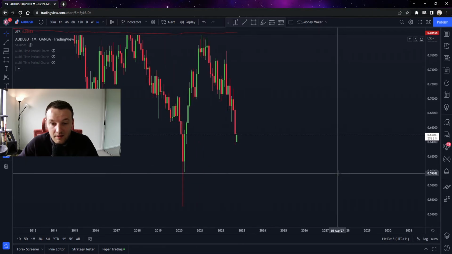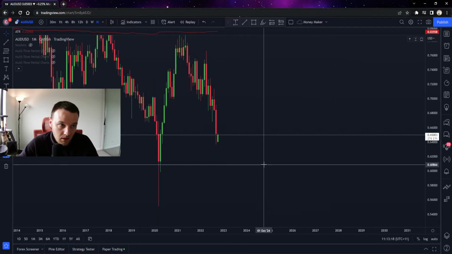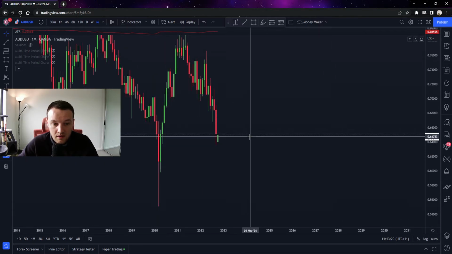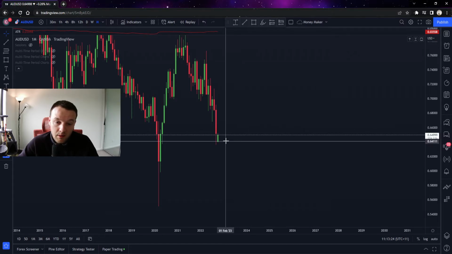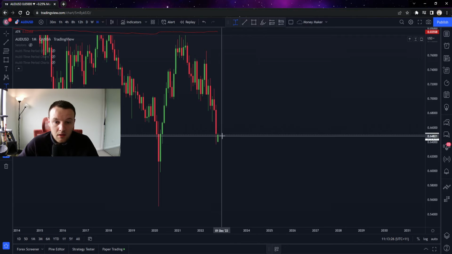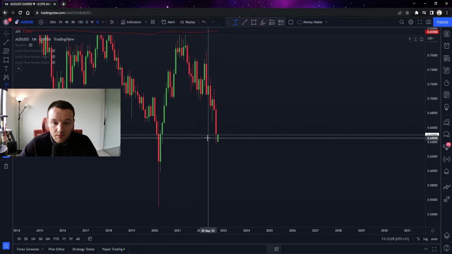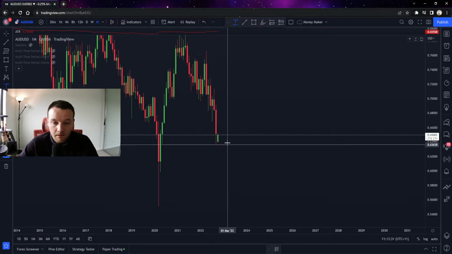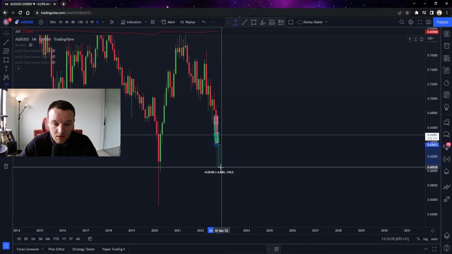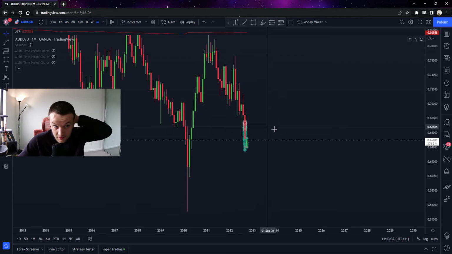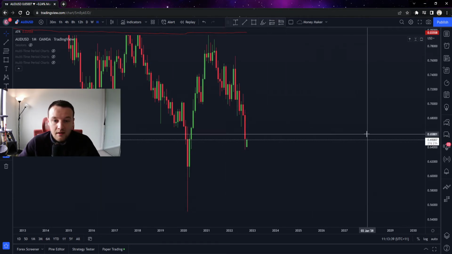If we just have a look at that monthly perspective on AUDUSD, we are making a top wick right now, and we haven't got a bottom wick. So you can think that eventually price is going to come down. It's making a top wick, it's going to flip bearish, and once it starts breaking these lows, we can start seeing these areas taken.